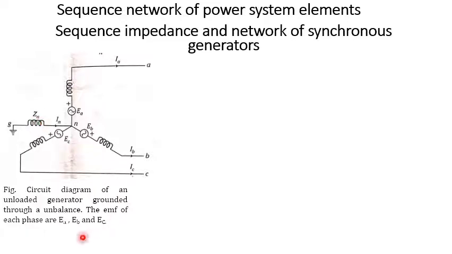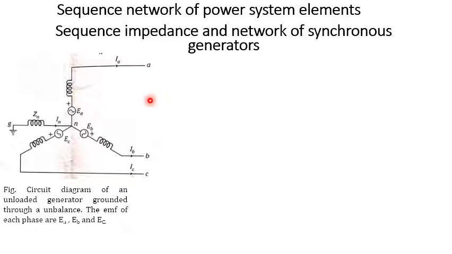Here we consider EA, EB and EC for phases A, B and C as the induced EMFs of the three phases, and IA, IB and IC are the currents flowing in the lines when a fault takes place at the machine terminals.